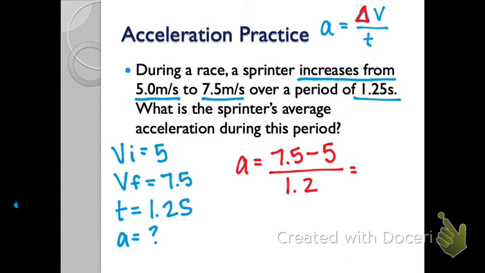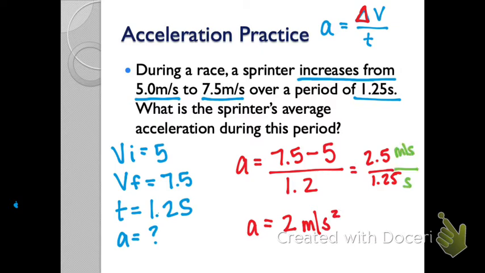All right. And then I'll plug that in. So that's 2.5 over 1.25. And so that gives me an acceleration equal to 2. And what's my units for acceleration? Meters per second squared. Very good. Meters per second squared because it's essentially meters per second over seconds. And that's how we come up with that.